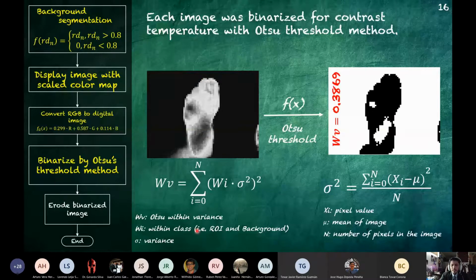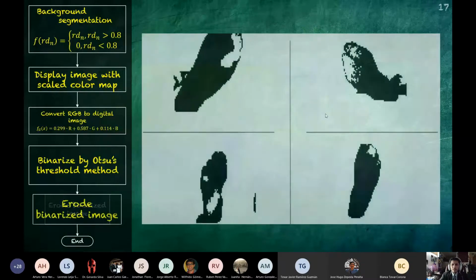The variance is calculated with a statistical equation, in which xi corresponds to the gray-level intensity value of every single pixel, mu is the average of all the gray intensity pixels of the image, and finally n is the resolution of the image. After we binarize the image, we have these results.